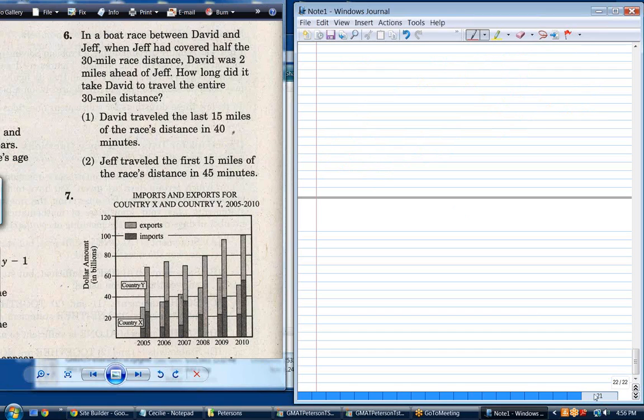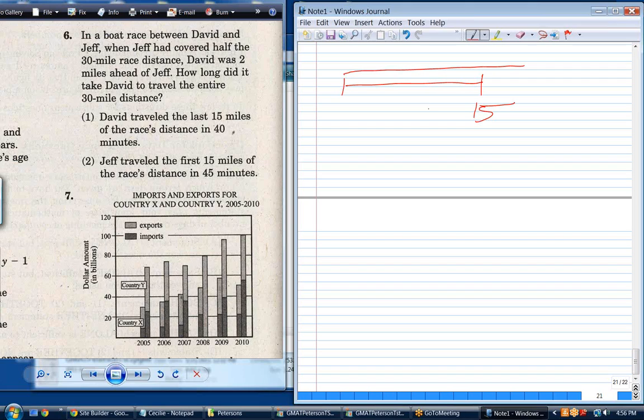In a boat race between David and Jeff, when Jeff had covered half the 30-mile race distance, David was 2 miles ahead of Jeff. How long did it take David to travel the entire 30-mile distance? Okay, so when Jeff covered half the 30-mile race distance, David was at 32.